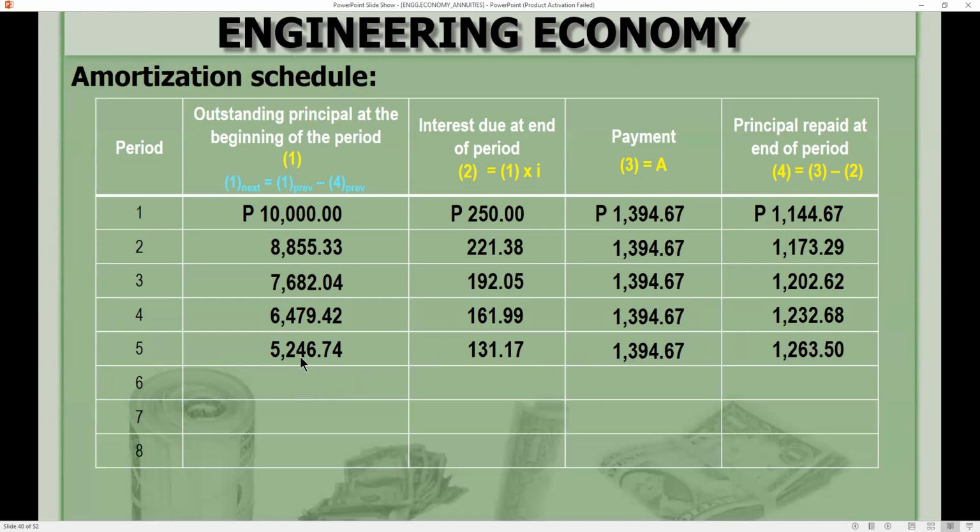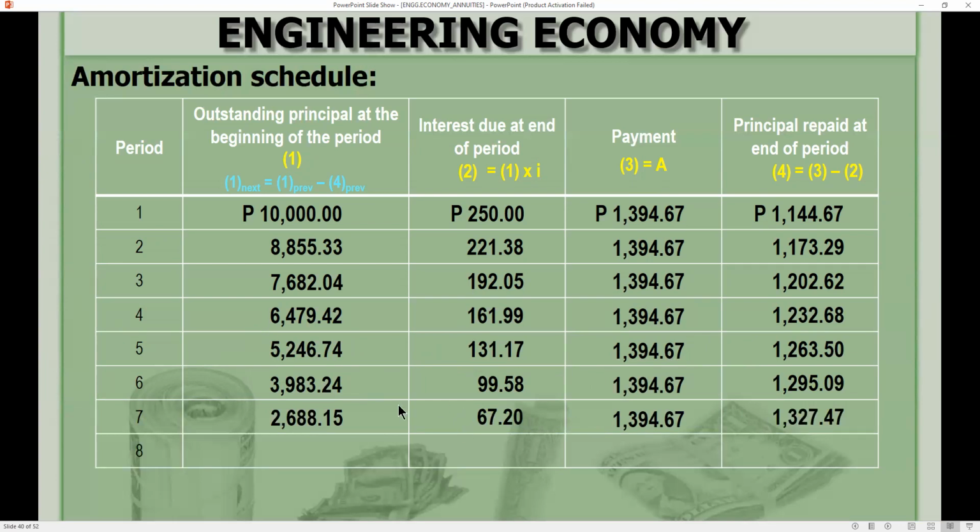And then subtract it from the next. That's the result. 2.5% of this one. And then annuity, less interest, you get the result. And then, just continue.